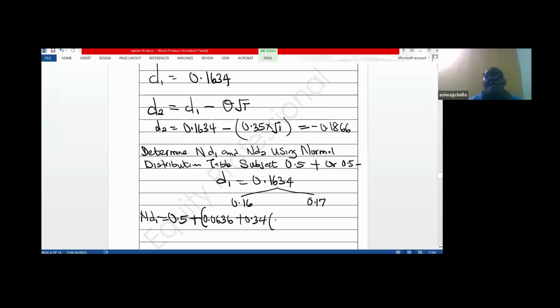That will give us 0.0675, minus the figure you have at the lower band, minus 0.0636. Please compute your ND1.